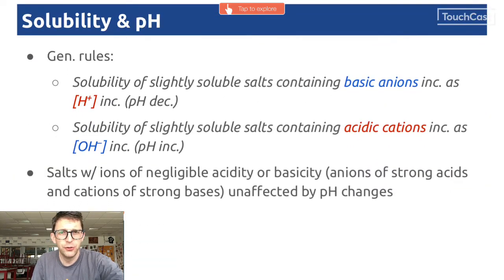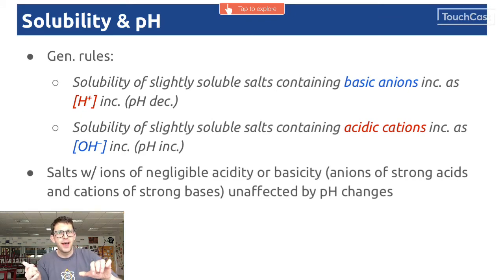So this leads us to some general rules, right? So general rule number one is that the solubility of slightly soluble salts that have basic anions, that solubility will increase as you increase the concentration of protons, right? That is, if you decrease the pH.